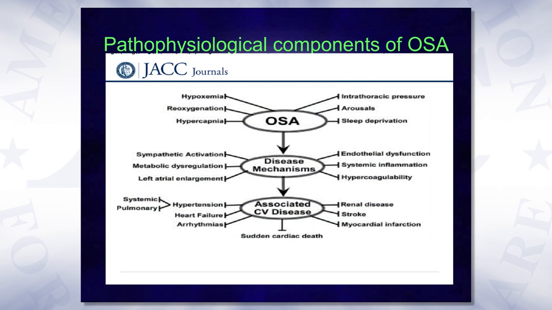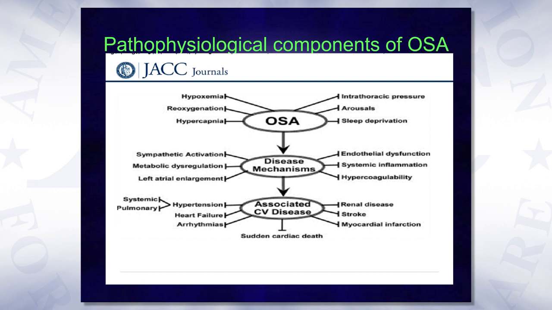This next slide is kind of a busy slide, but I think it's important to understand, if you look at it, how OSA induces all these things we've previously talked about. So OSA may induce this severe intermittent hypoxemia, and when I talk about severe, I'm talking about less than or equal to 60% saturation.